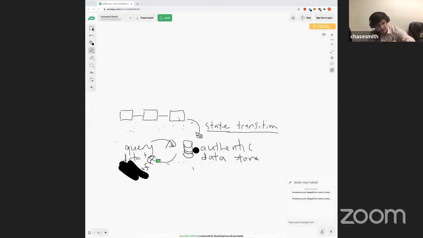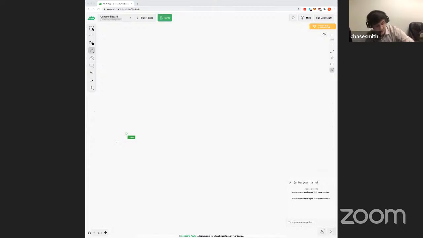So the traditional method for storing data in a blockchain is to have some form of Merkleized index, right? Like a Urkel tree. And for each one of these leaves, you're going to store this leaf, let's say key, right, and value.